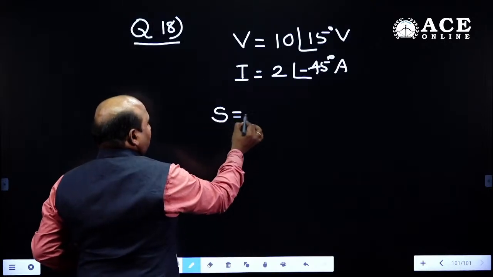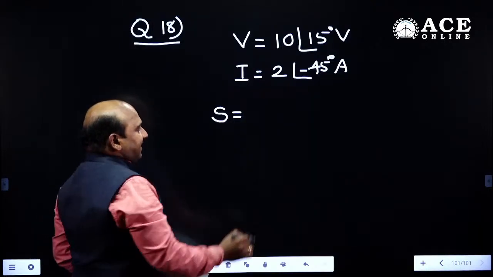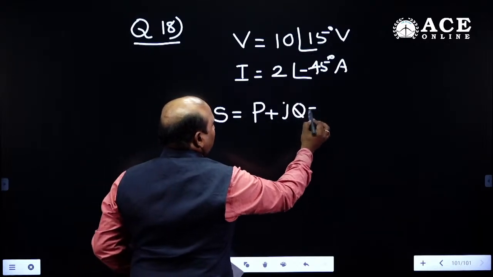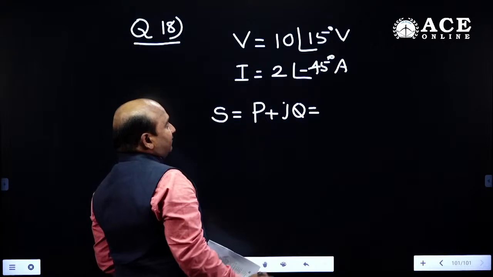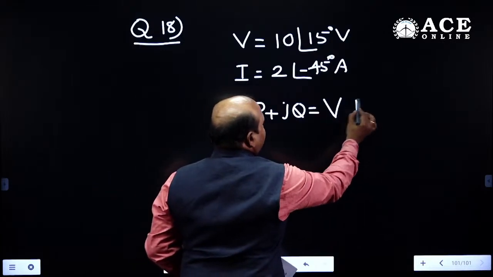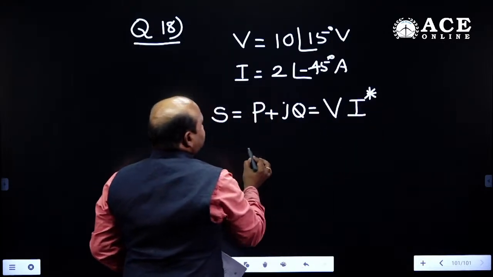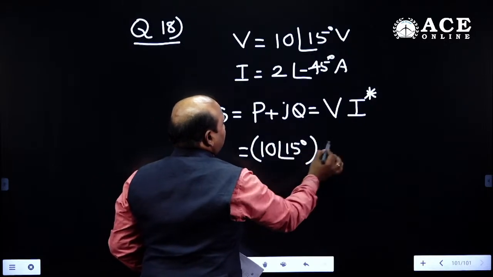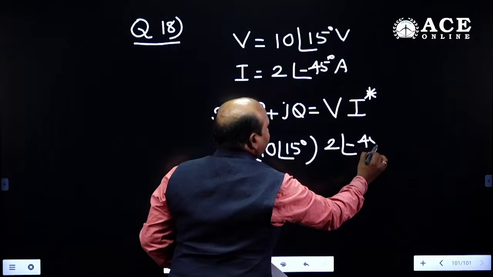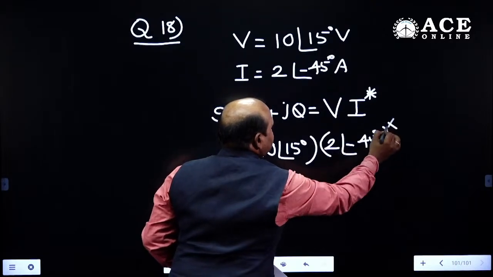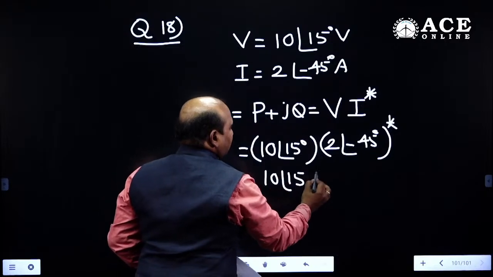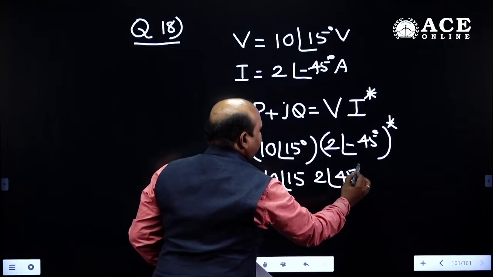By taking the total complex power, you can get active and reactive power, since the complex power S is equal to P plus jQ. Now S is V times I complex conjugate. V is 10 at an angle 15 degrees and I is 2 at an angle minus 45 degrees, conjugate. Finally, you will get 10 at an angle 15 degrees and 2 at an angle plus 45 degrees.